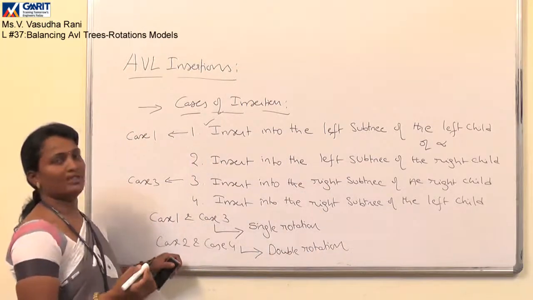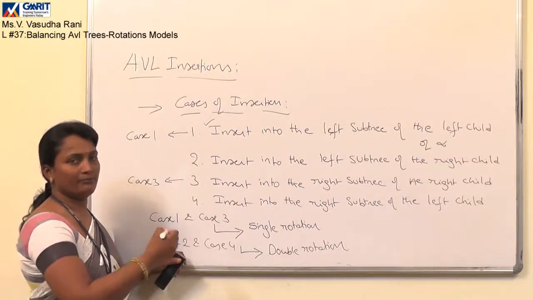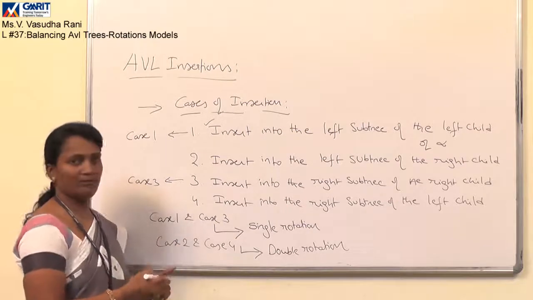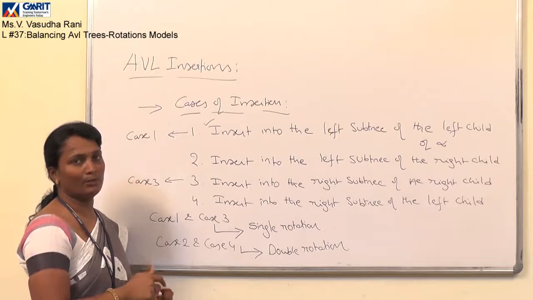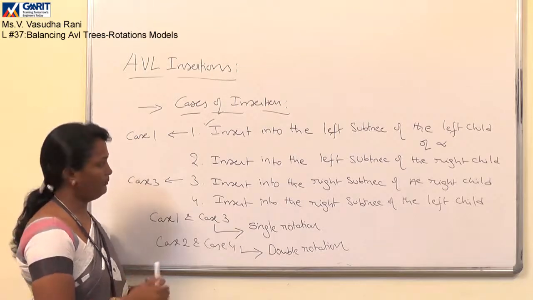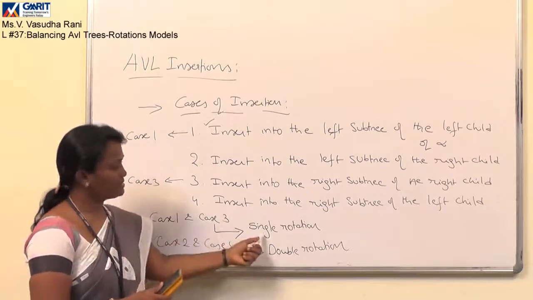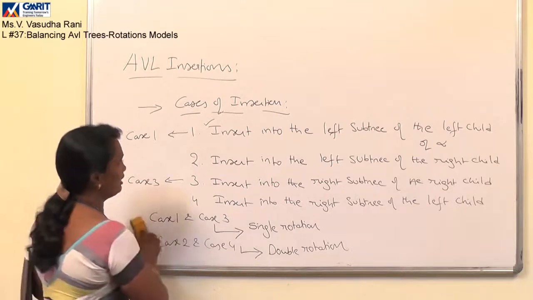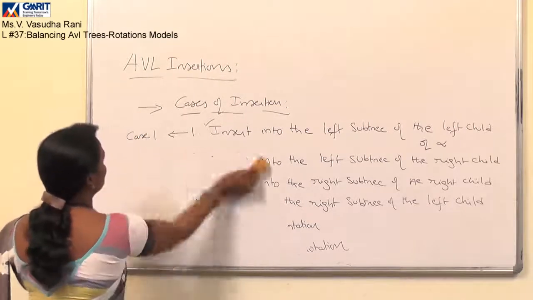So that because of the insertion of the new node, if the tree has become a non-AVL tree, it will again be converted into an AVL tree. Now let us see single rotation and double rotation and the models for that.